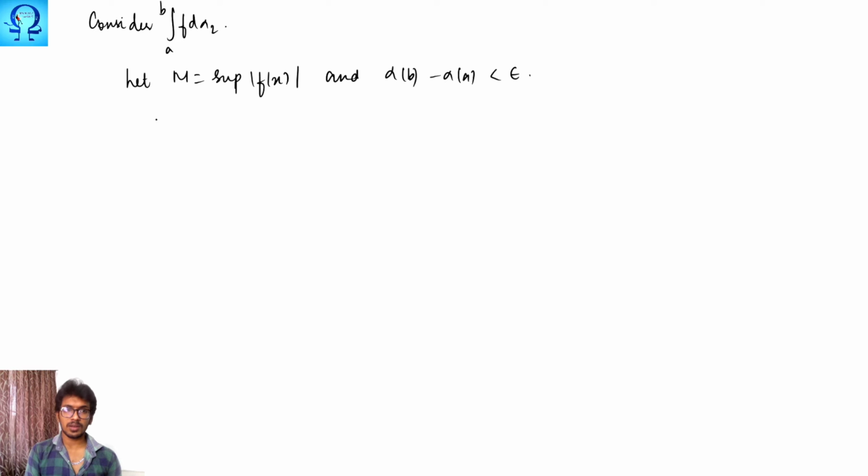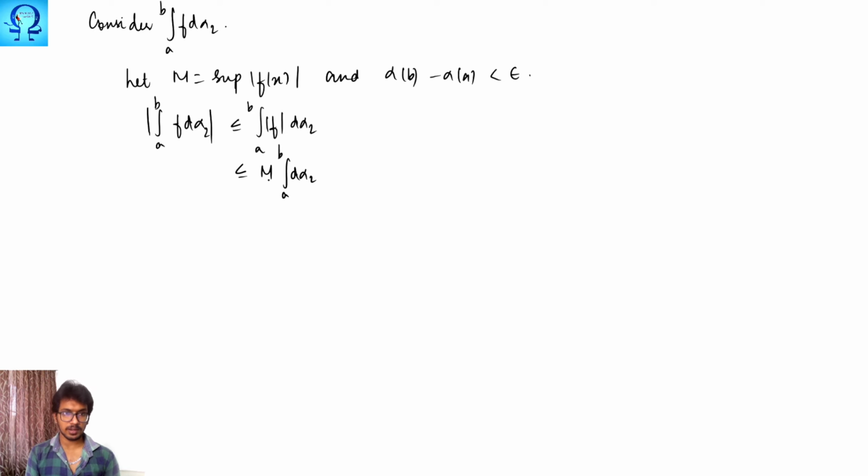Now let us evaluate the absolute value of the integral a to b f d alpha 2. This is smaller than or equal to the integral a to b of absolute f d alpha 2, by the property. And by this assumption, this quantity is M times the integral a to b d alpha 2.